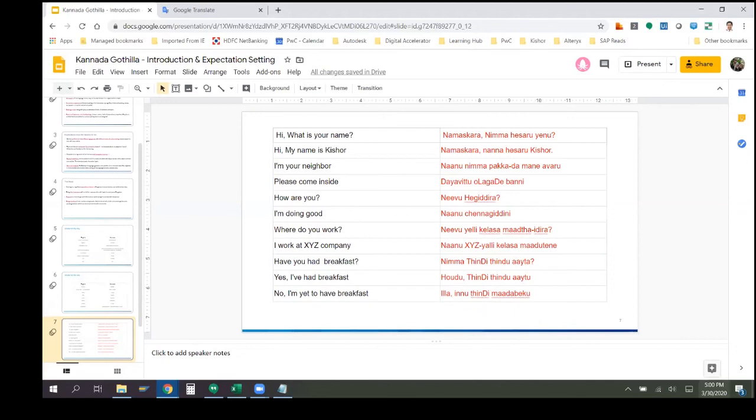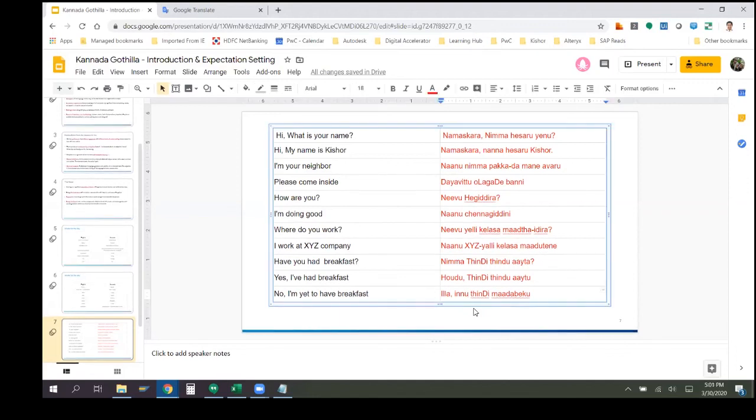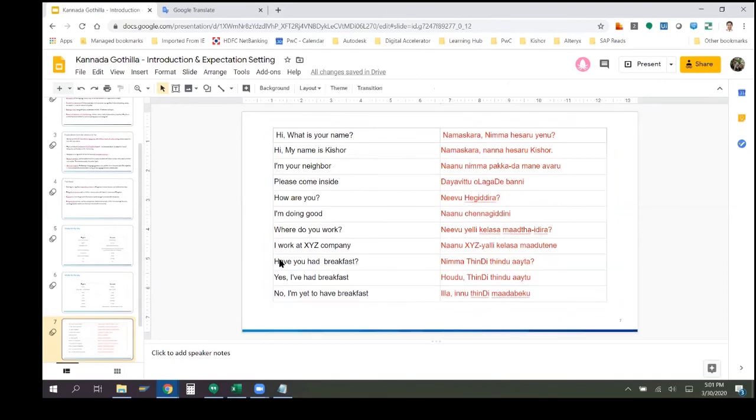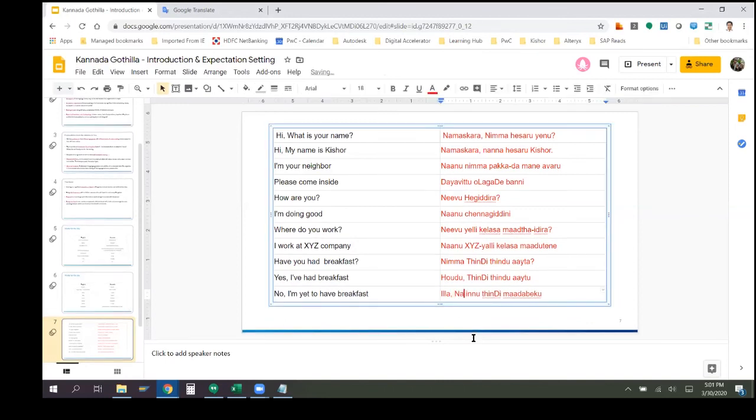We have to close right now, but one minute, any questions, and then we'll continue tomorrow. Innu is yet. Since I've put I'm yet to have, I could say ನಾನು ಇನ್ನು ತಿಂಡಿ ಮಾಡಬೇಕು. So no, I am yet to have my breakfast.